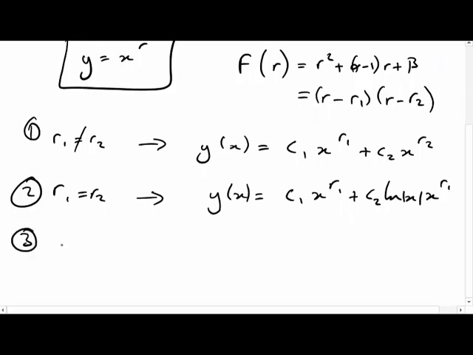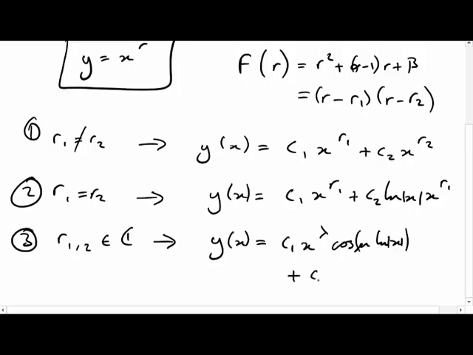And then the third case, like I say, I'm going to go through all these in detail and derive them all for you, is when r1 and r2 are complex. So in other words, we end up with complex solutions, and that yields a solution like this: y of x equals C1 times x to the power of lambda, cos of mu times ln x, plus C2 x to the power of lambda sine of mu times ln x.